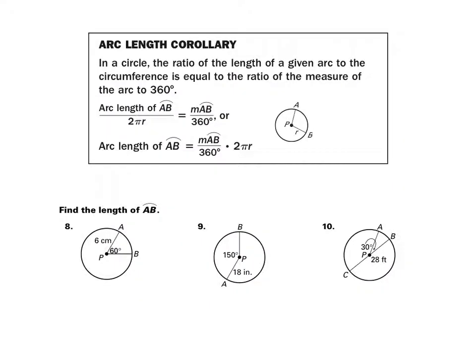Arc length. Okay, so this formula is important, and it's just a proportion. So the arc length of a section, calling it AB, over the circumference will equal the measure of the arc over 360. Okay?